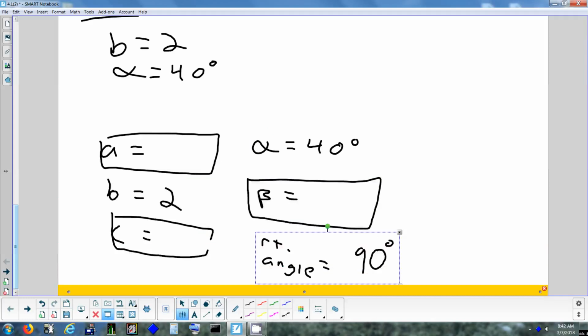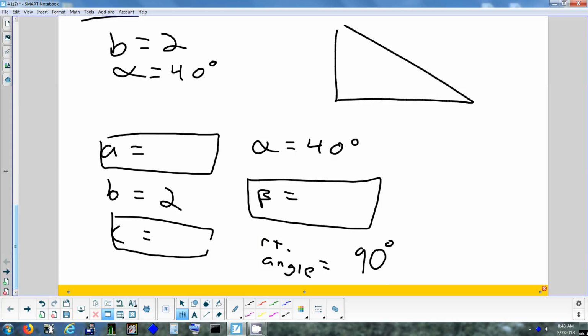So the sketch is just going to help us to visualize what's opposite, what's adjacent, and where the hypotenuse is. It doesn't matter how you draw your triangle. If you want to flip it the other way, that's fine. You just have to make sure of certain things.